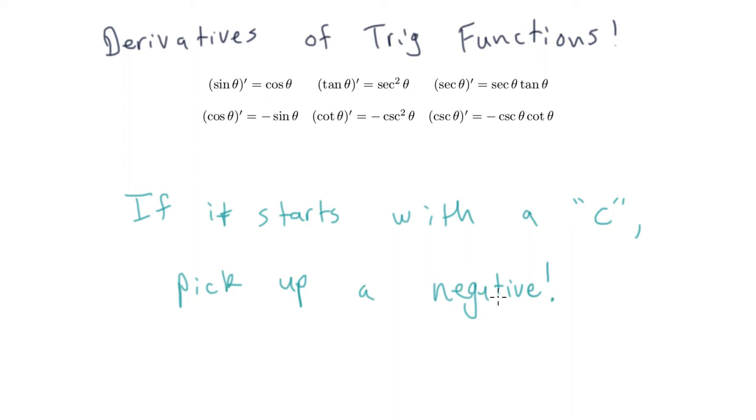So I'm sure you made that observation looking at this table, that if the function you're taking the derivative of starts with the letter C, then you pick up a negative when you take the derivative. Whereas if it does not start with a C, this top row, you don't have a negative. So that's a little bit silly, but these are the types of things that will actually help you remember the derivative of the trig functions.